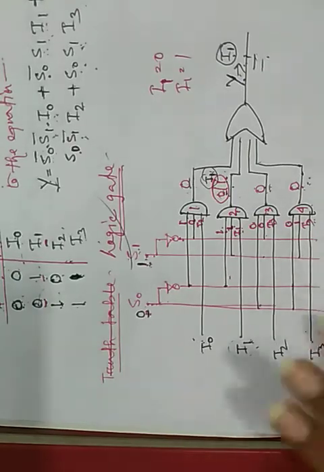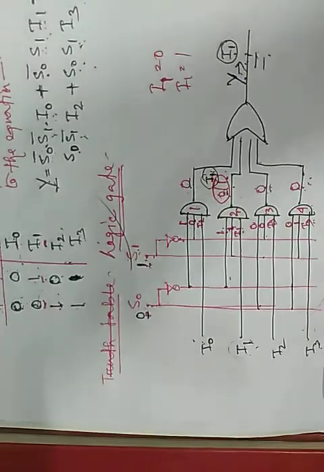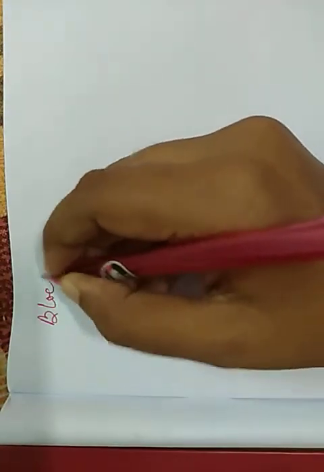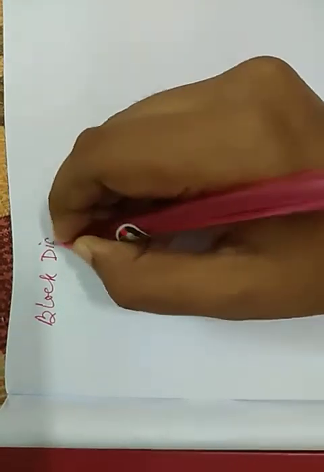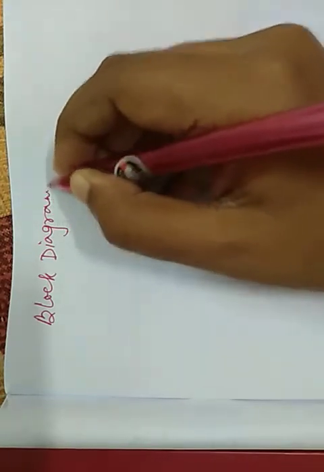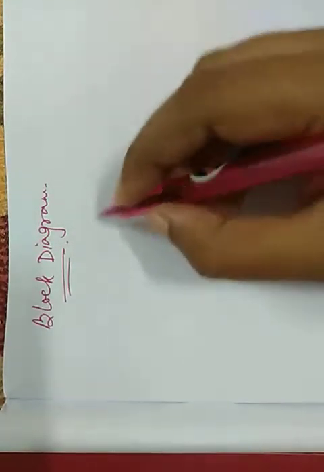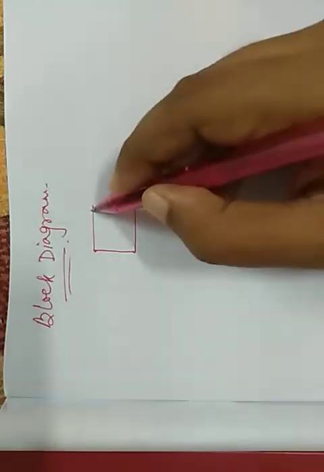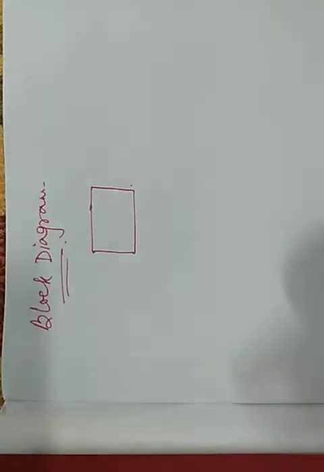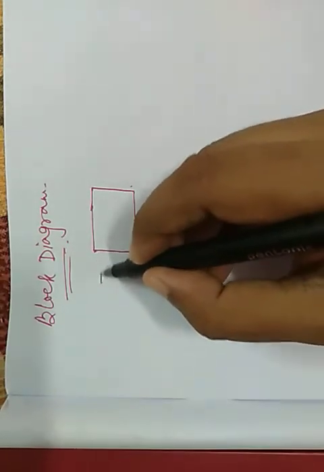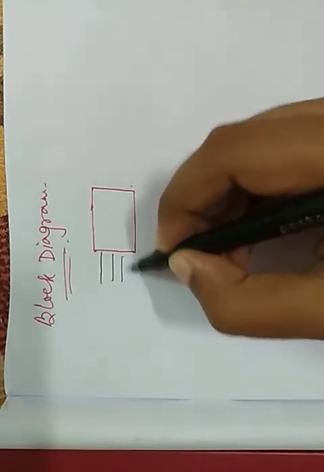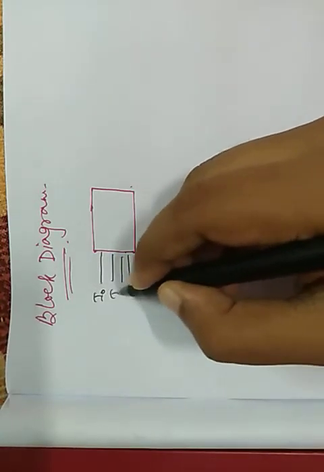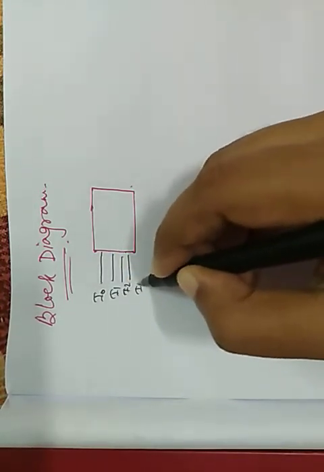Now let us see the block diagram of the multiplexer. Suppose there are 4 input lines, I0, I1, I2, I3.